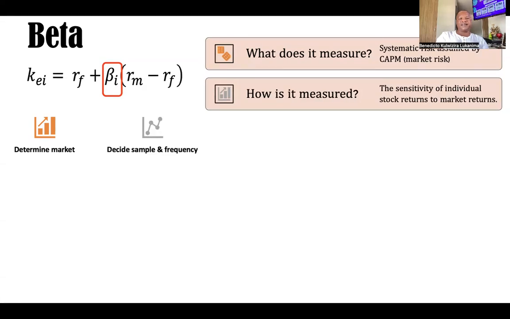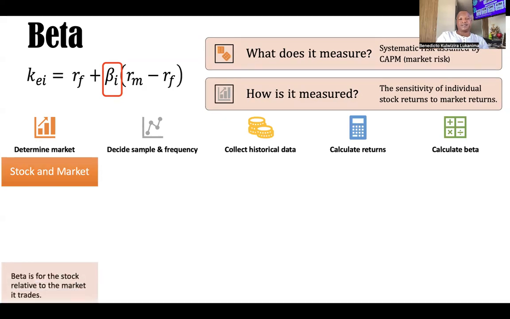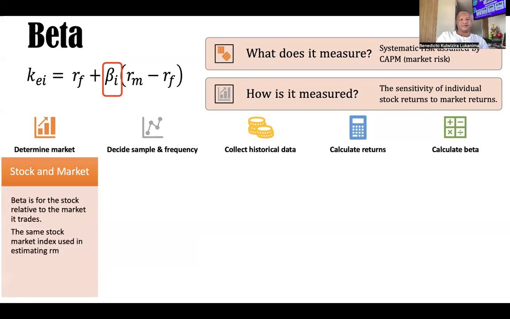We have to determine the sample size and the frequency. We have to collect historical data. We have to calculate returns and calculate beta. These are the 5 key steps. So on the stock market, we need prices of the stock as well as the market index. Which criteria to decide the sample?